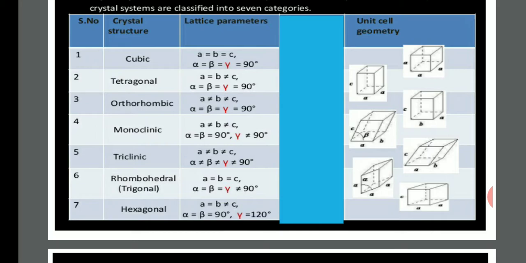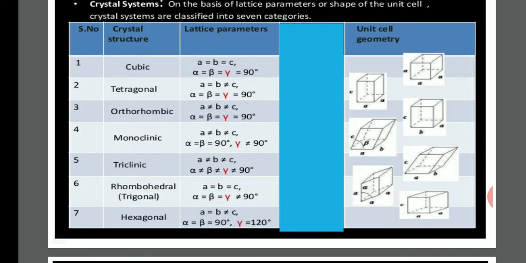Triclinic, A not equal to B not equal to C and alpha not equal to beta not equal to gamma not equal to 90 degrees. Rhombohedral, that is trigonal. Trigonal means A equal to B equal to C and alpha equal to beta equal to gamma not equal to 90 degrees.